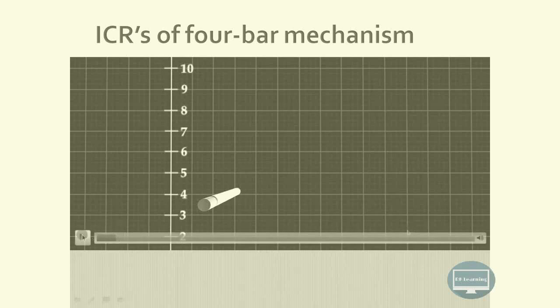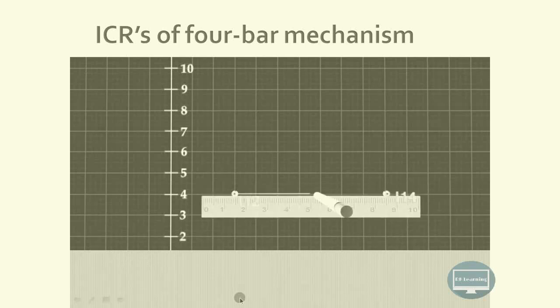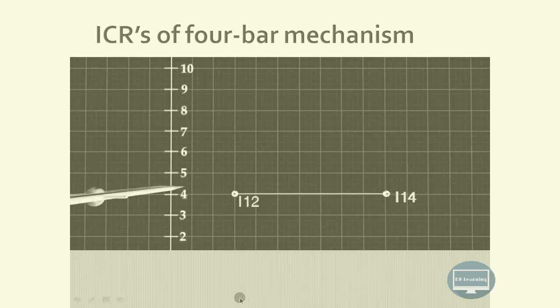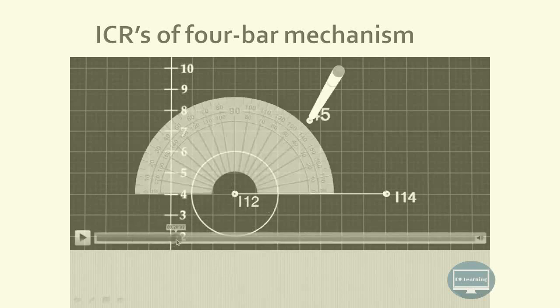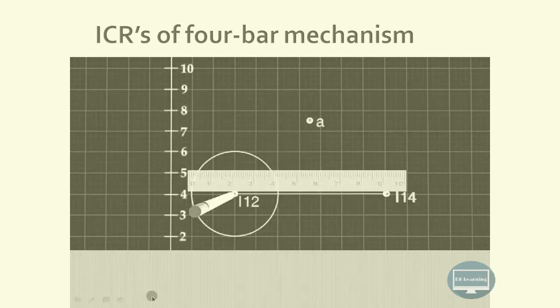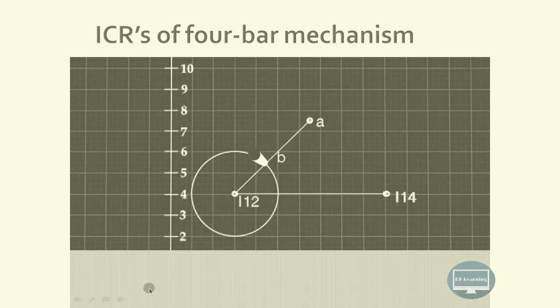Now we'll see with the help of animation how to draw this mechanism as well as how to locate this ICR. First draw the fixed link, and we know that these are I12 and I14. Then draw the input link at an angle of, say, 45 degrees.